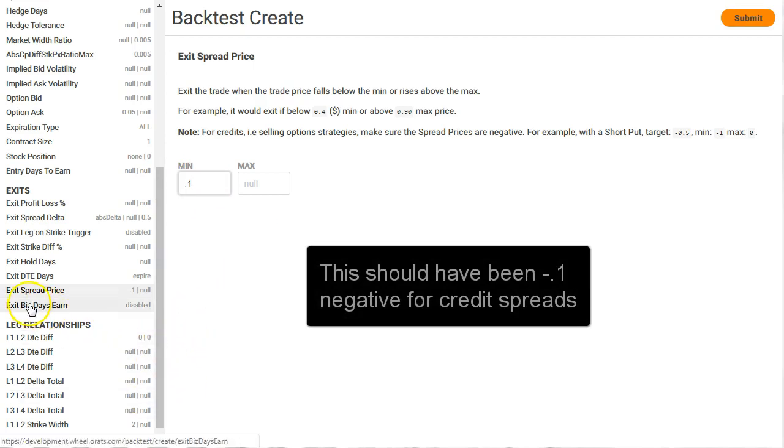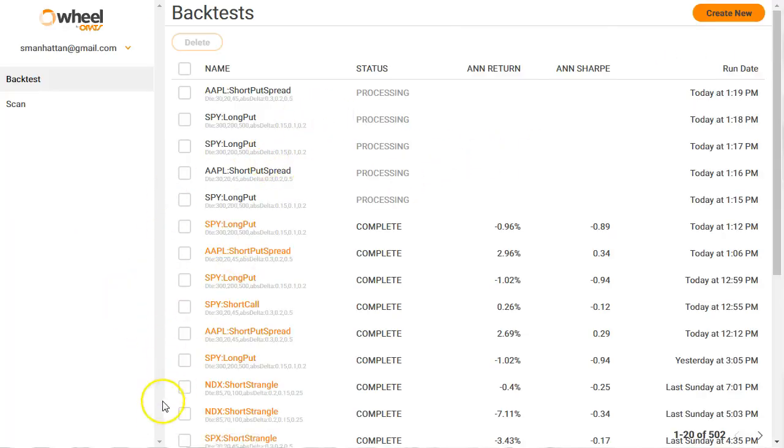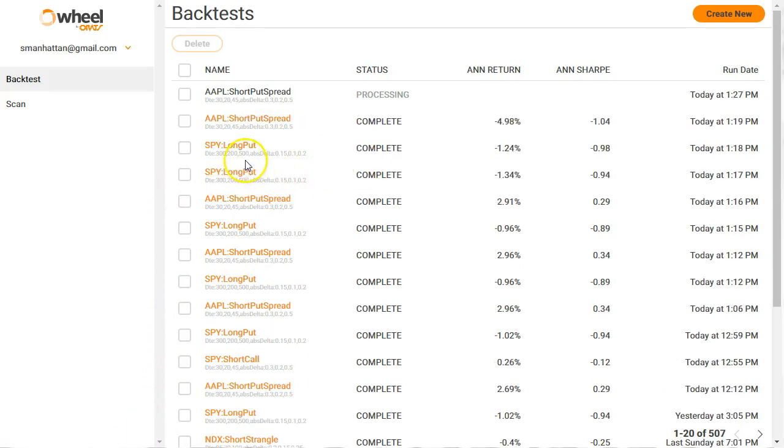And then the last one is exit with a certain business days to earnings. So what we can do there is say, well, I don't want to be in at earnings, so exit the day before earnings, and I could set that as an exit. So we'll submit those, and we'll take a look at how all of these performed. The other exits that we used look reasonable within here.